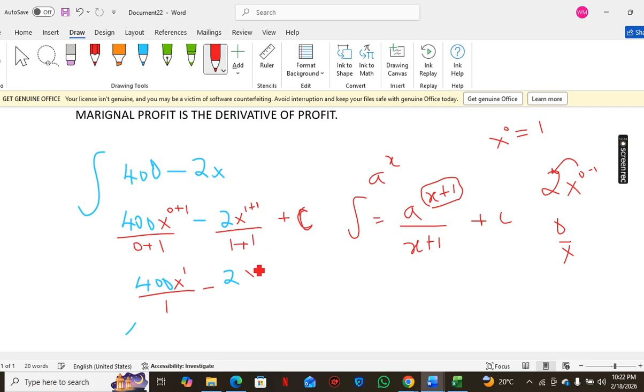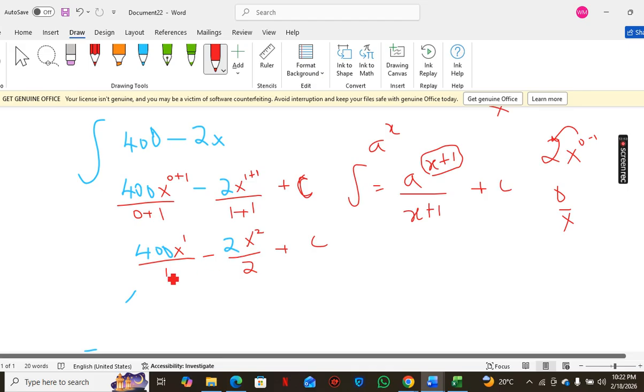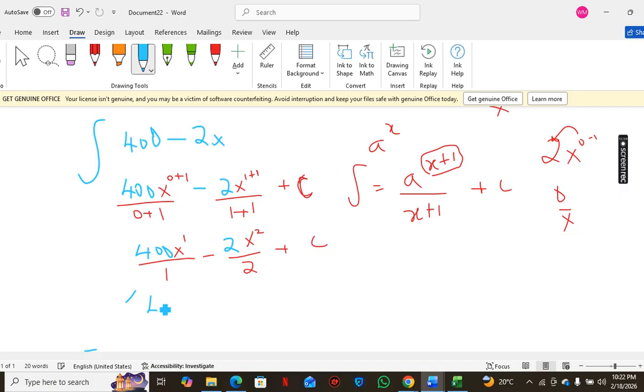So we get 2x squared over 2 plus c. 1 divided by 400x, you're going to get 400x. Minus 2 divided by 2, that is 1. So you have 400x minus x squared plus c.